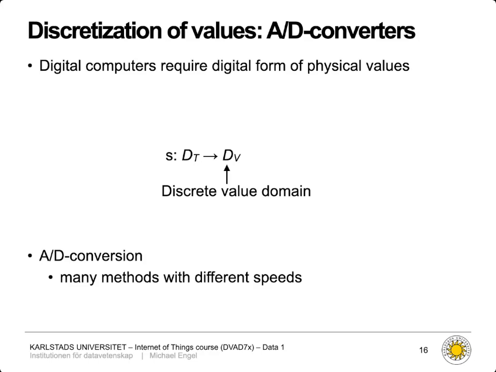Okay, so now we have discretized time, and we know how to get around our biggest problem of signal frequencies that are too high for our sampling frequency. So now we have to consider the other domain, the value domain. We need to discretize values, usually voltages, into digital numbers that our computer can process.